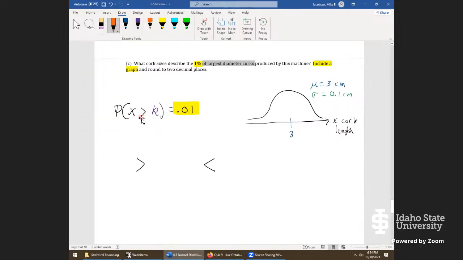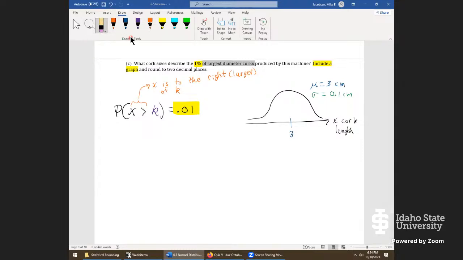If you go X and that symbol, think the alligator eating the morsel of food, that's always a great way to think about it. We're saying X is larger, or another way to say it is X is to the right, that's the larger part of K. So that's also telling us the direction we have to shade. Wherever we place K on this diagram, we'll be shading to the right where X would lie.